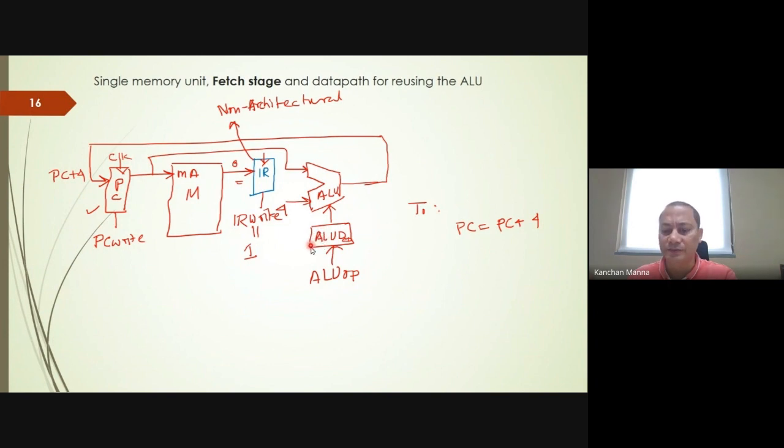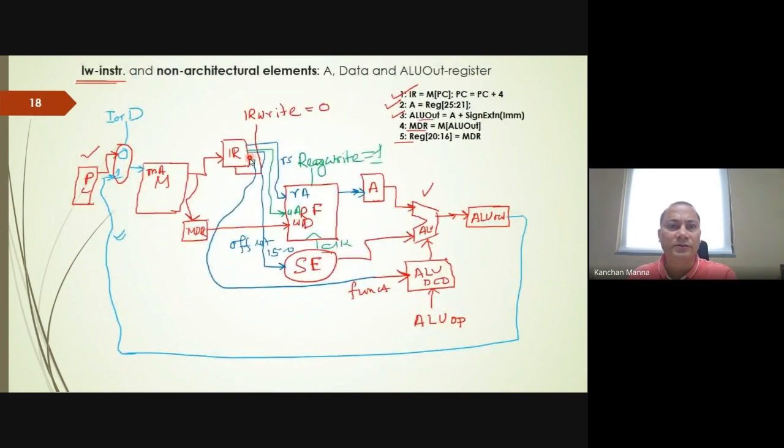If you remember, this is the fetch stage, and here is the LW's data path, where we insert non-architectural elements such as IR, MDR, and so on.